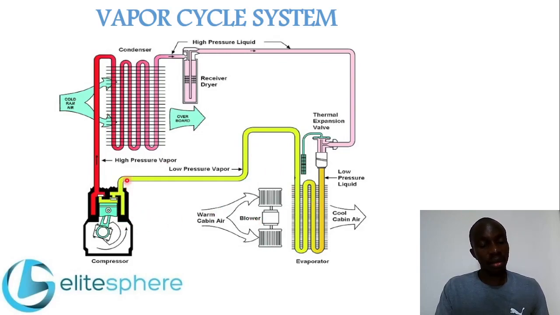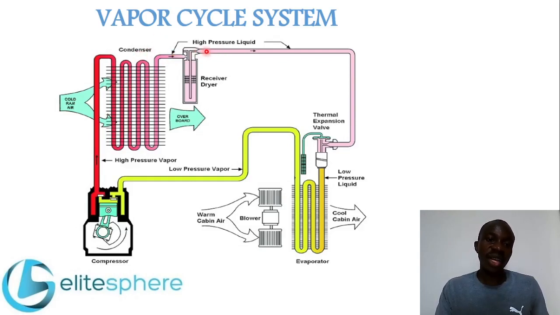This is where the gas is compressed. As it is compressed, the temperature and the pressure of the gas increases, then it goes to the condenser. Ram air that passes across the condenser cools the high pressure vapor. As it cools, the vapor condenses, changing state from gas to liquid.